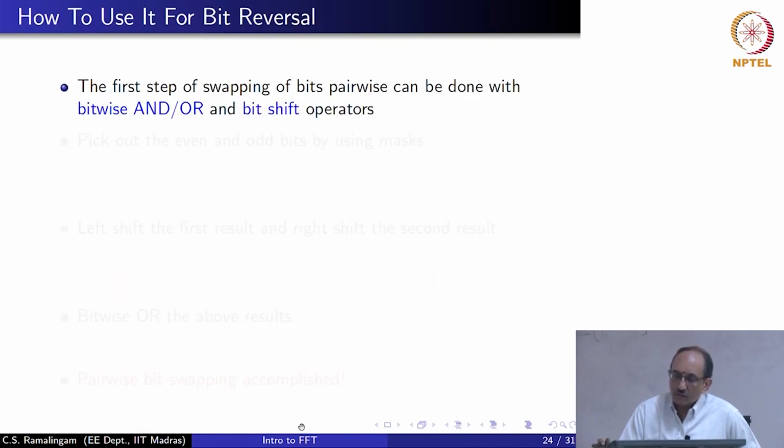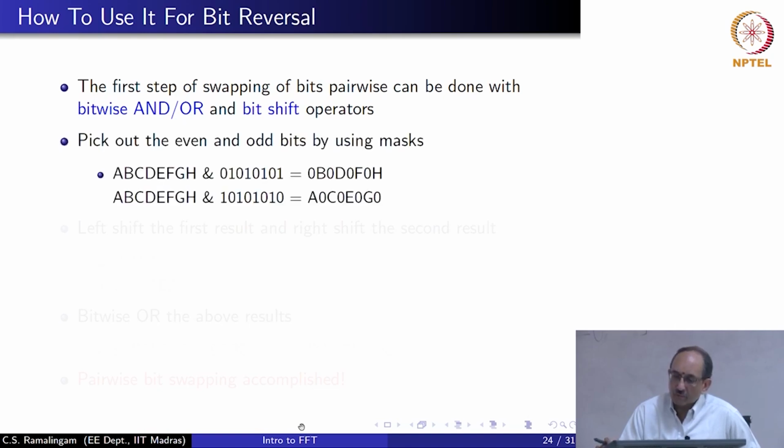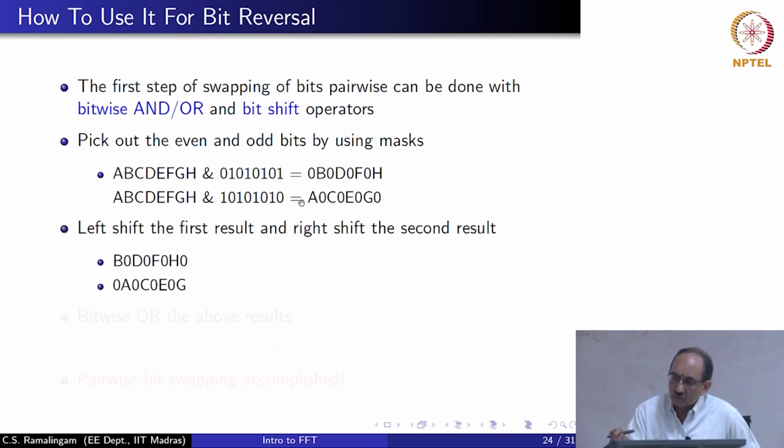So how is it realized in practice? This is realized in practice by bitwise AND and OR operators. So for example, if you have the sequence A, B, C, D, E, F, G, H, and if you mask it with this bit pattern, you get this, and you mask it with the second pattern, you pick out the other, this one. Remember, first you need to do pairwise reversal, right? For that you need to pick out those 2 terms in the sequence. So what is done here is you left shift the first result and right shift the second result.